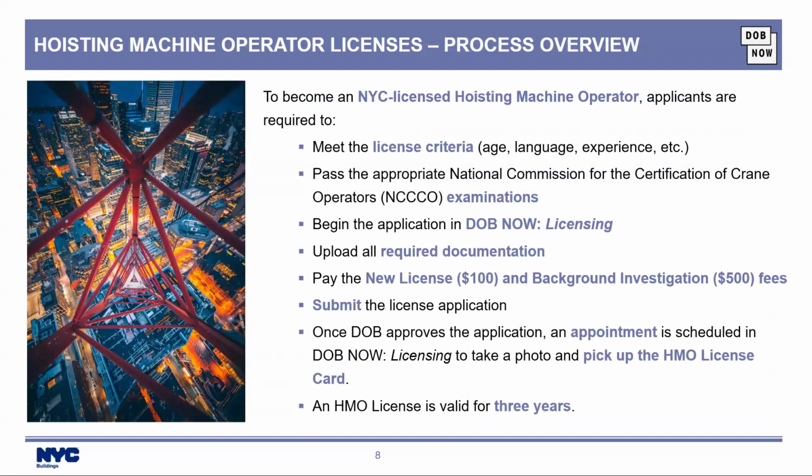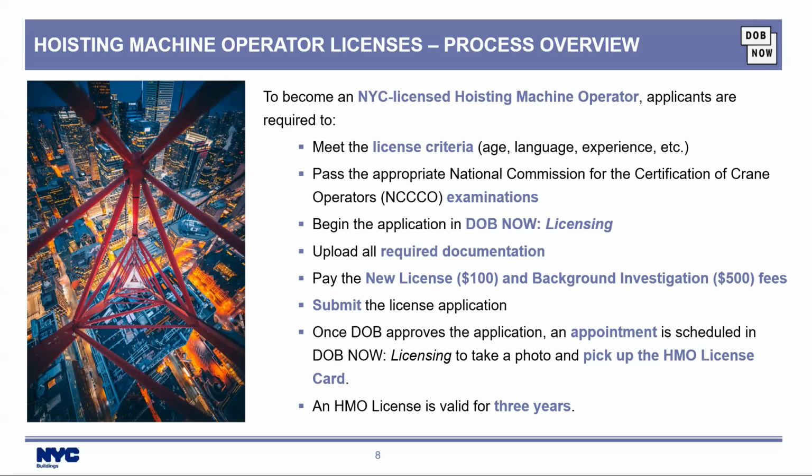In order to become an NYC licensed hoisting machine operator, applicants are required to meet the license criteria, things like age, language, and experience. I'll talk about that more on the next slide. They are also required to pass the appropriate National Commission for the Certification of Crane Operators examinations. They need to begin the application in DOB Now licensing as of the 16th.